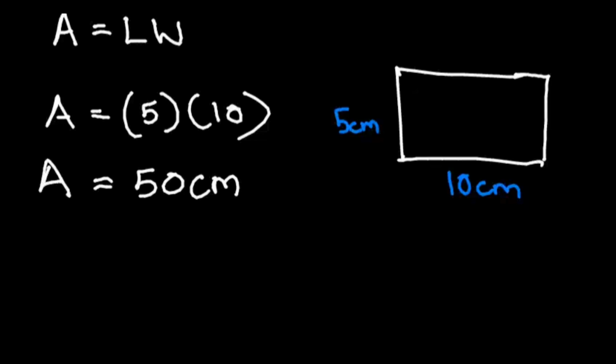Oh, don't forget that you must put squared at the end. It's not 50 centimeters, it's 50 centimeters squared. So make sure you put that 2 there, because it's area. Whenever you're dealing with area, you make sure you put centimeters squared.